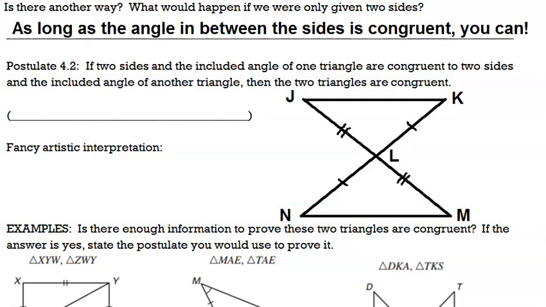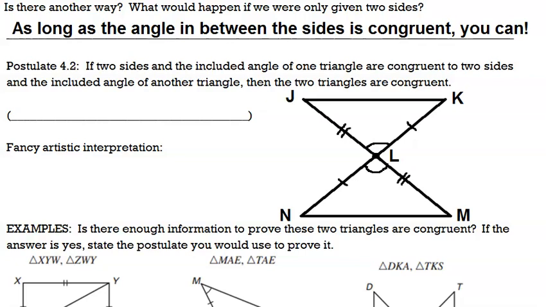So here's the deal. If you look over here at point L, you have two angles here in the middle. Now, I don't know what these angles are, but I do know that they're the same because they're vertical angles to each other. Okay, and what that leaves us with is a matching side, another matching side, and then the angle in between.